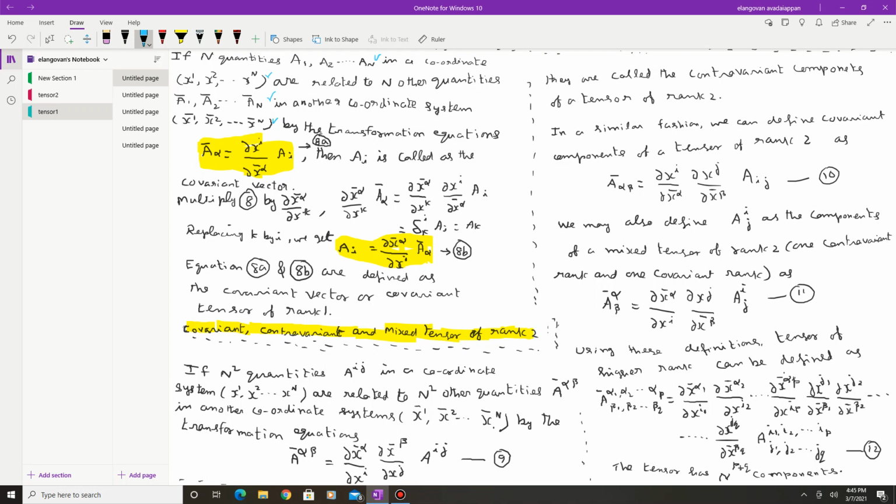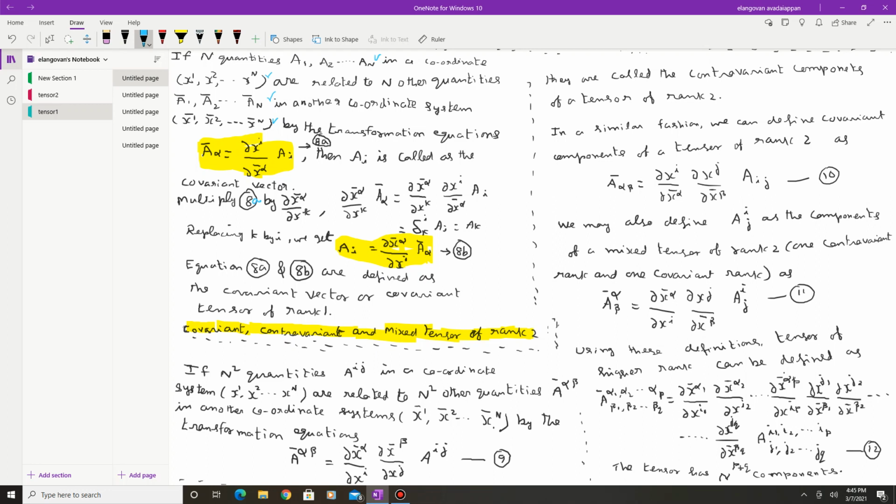Now here also we multiply equation 8a with partial dx alpha bar by partial dxk on both sides, and perform the summation over alpha.